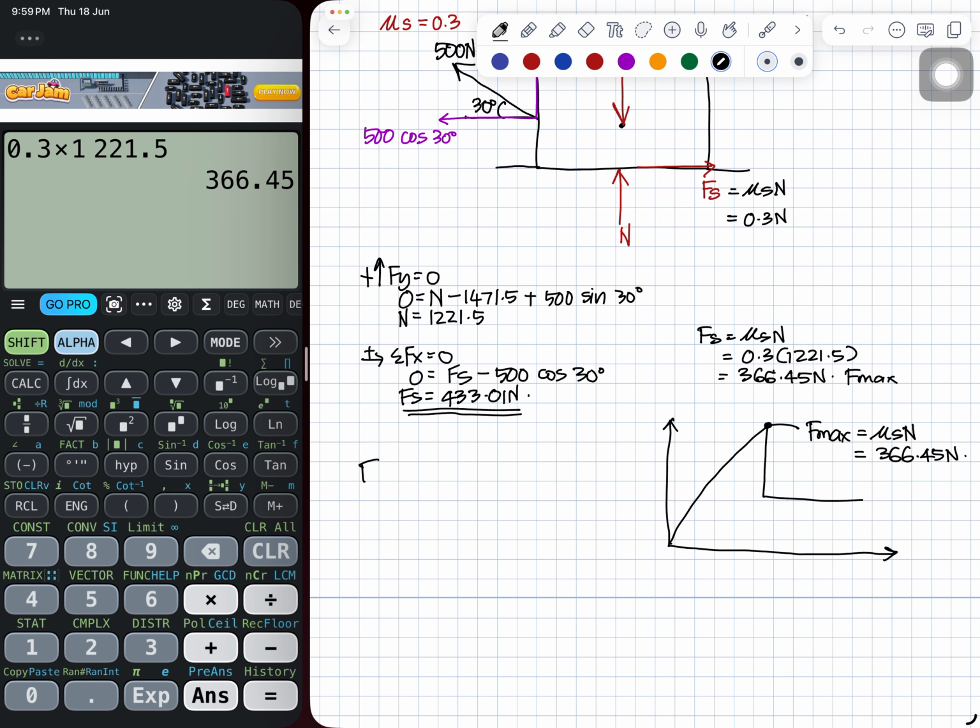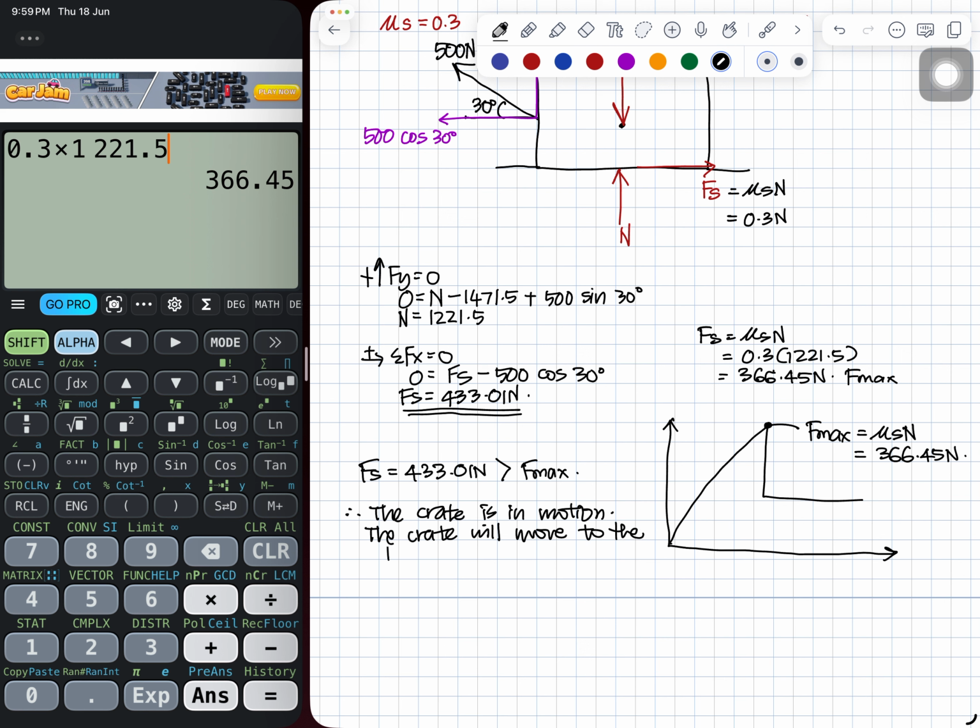So since our friction force Fs is 433.01 Newton, it is bigger than F max. Therefore, we can conclude that the crate is in motion.